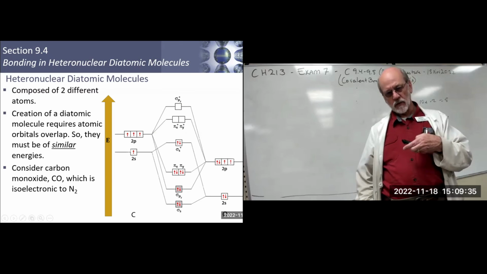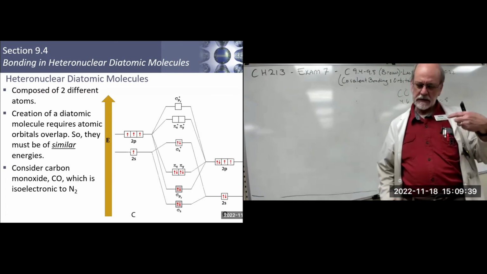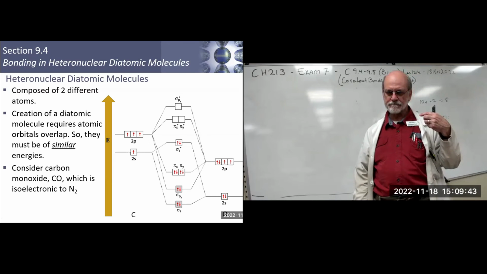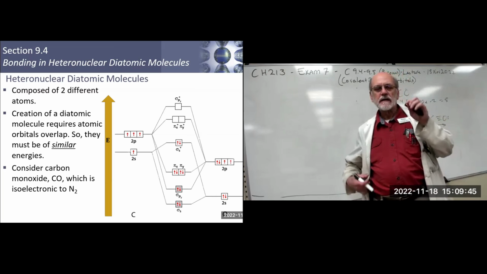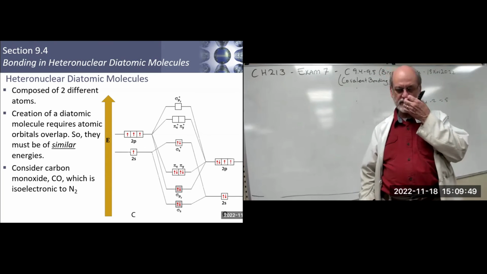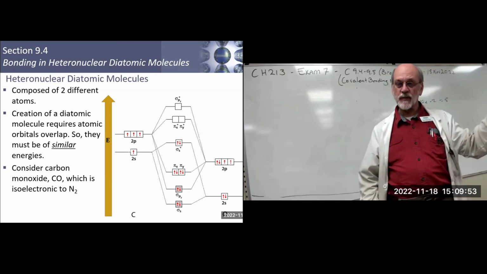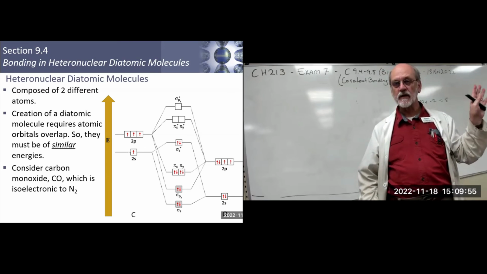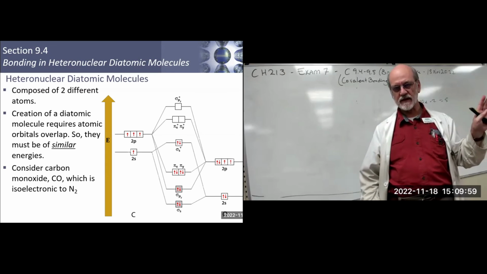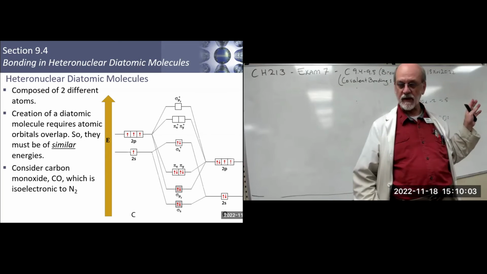Okay, so the rule there is that you take the more electronegative element, oxygen, more electronegative, and is that in the region of the periodic table where there is no mixing with the homonuclear diatomic? Yes, oxygen has no mixing, whereas carbon would have mixing if there were two carbons.